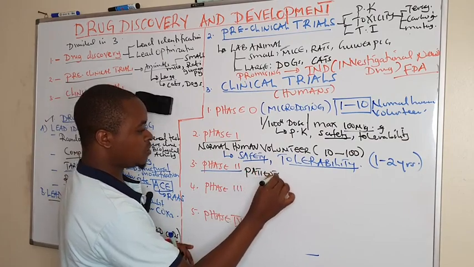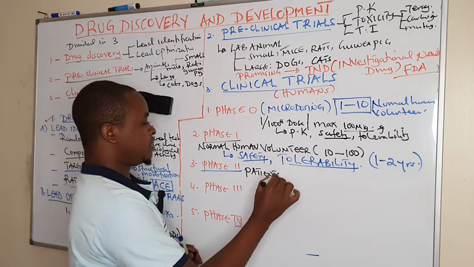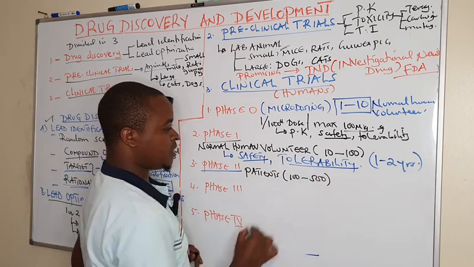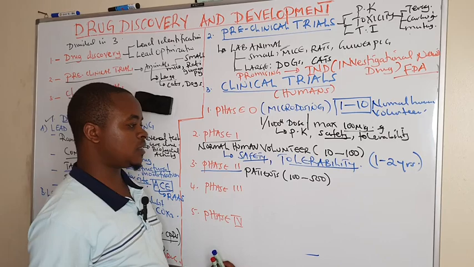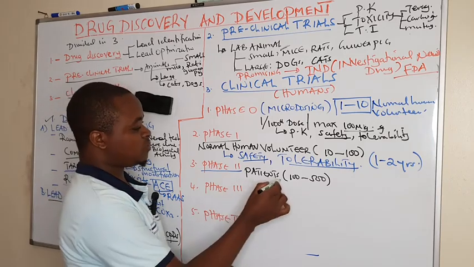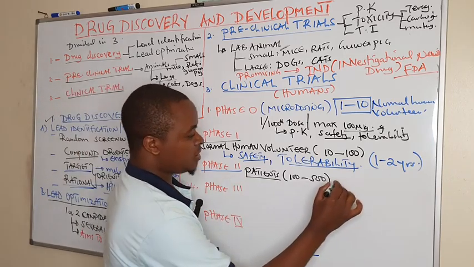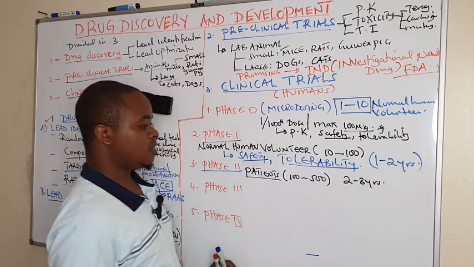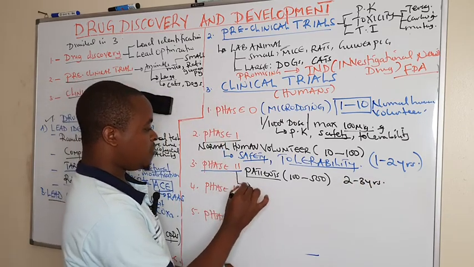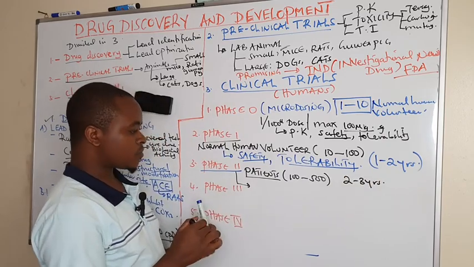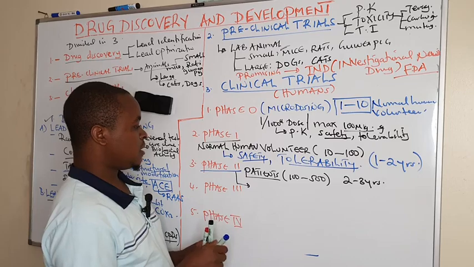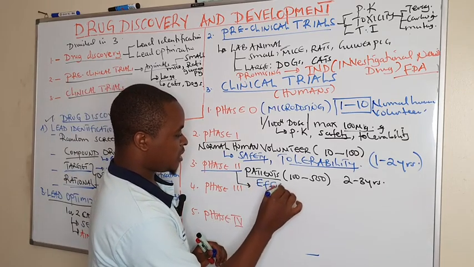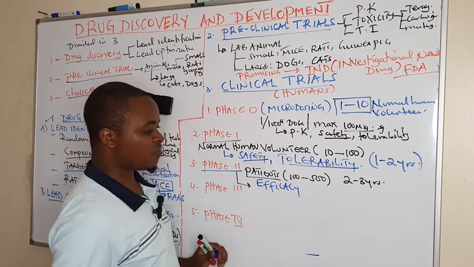Between 100 to 500 patients are recruited in this study, and it takes between 2 to 3 years, whereby the major aim is to look at the efficacy of the drug. We are testing efficacy and potency of the drug in this phase.